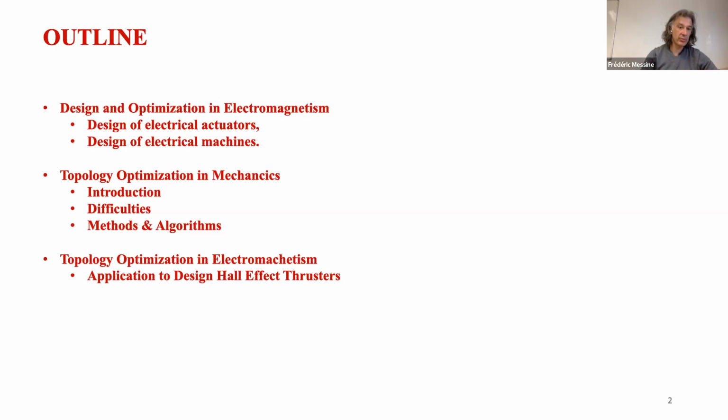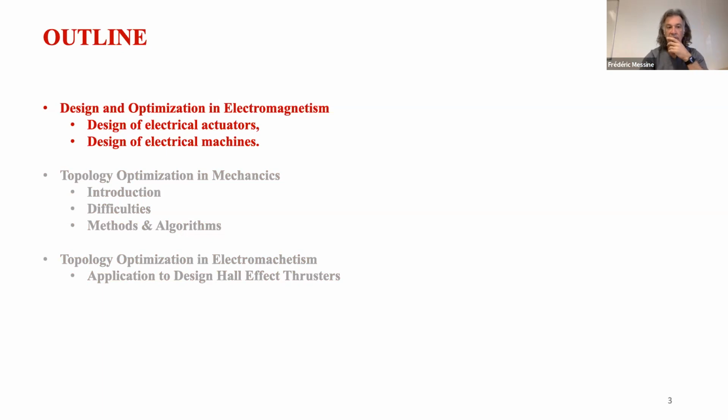You can stop me anywhere, you can ask me a lot of questions, that will be much more dynamic, and it's better for me, I think. Maybe I can also leave some time at the end just to discuss with you. So do not hesitate to ask me questions.